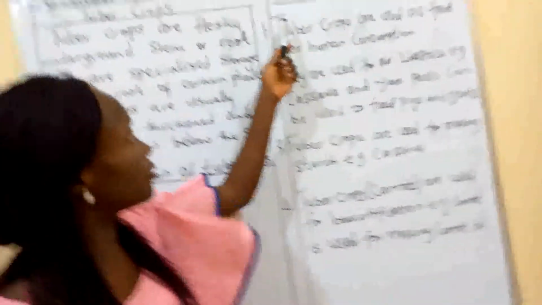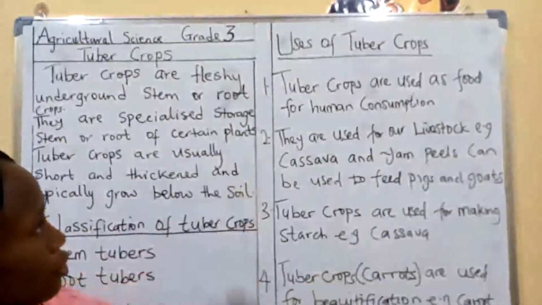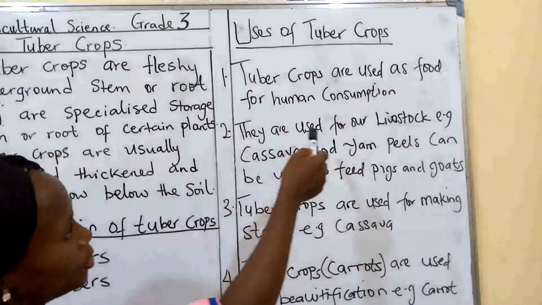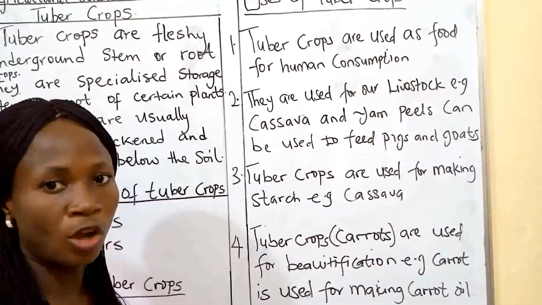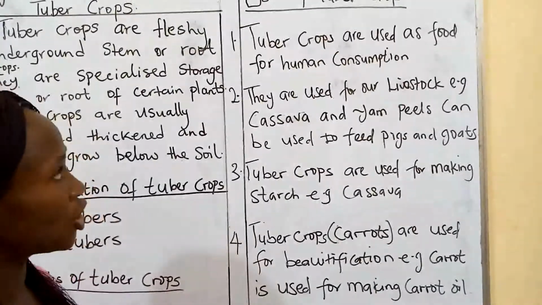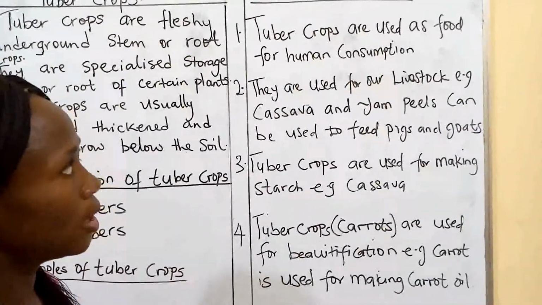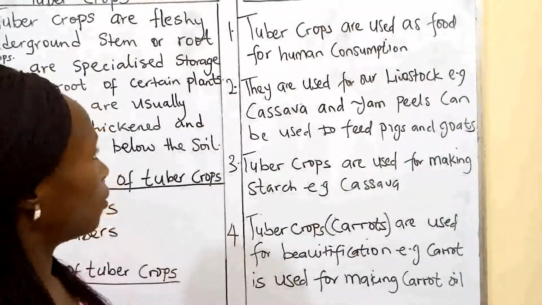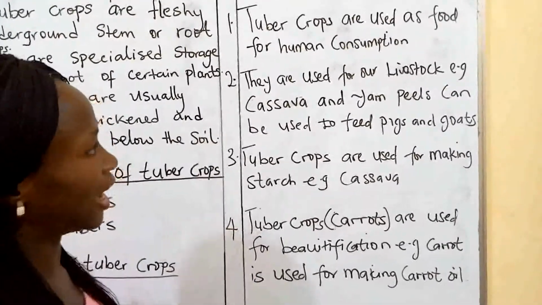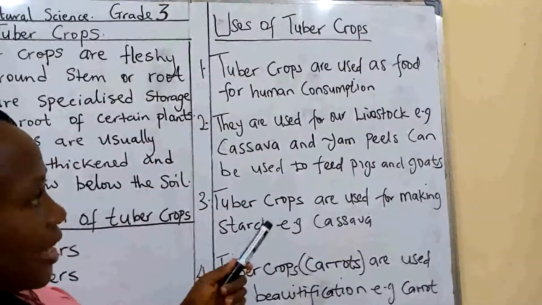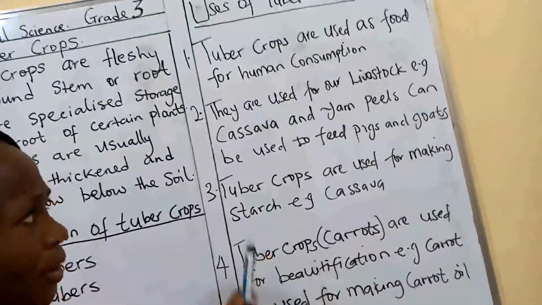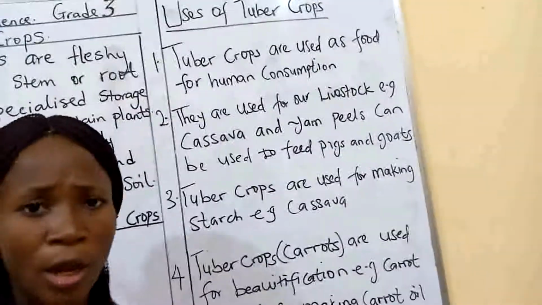And then we moved to the uses of tuber crops, and we say tuber crops are used as food for human consumption. We the human beings, we consume tuber crops. The next one we say they are used for our livestock. Example, cassava and yam peels can be used to feed pigs and goats.